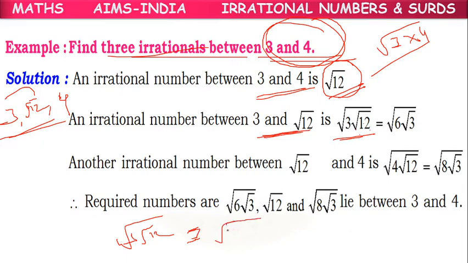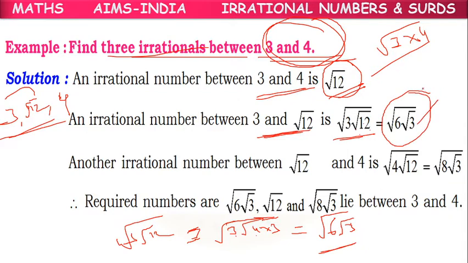The square root of 4 is 2, so 2 comes outside, and 2 times 3 is 6. Inside the root, 3 will remain. So root 6 root 3. This is the second irrational number, which lies between 3 and root 12.